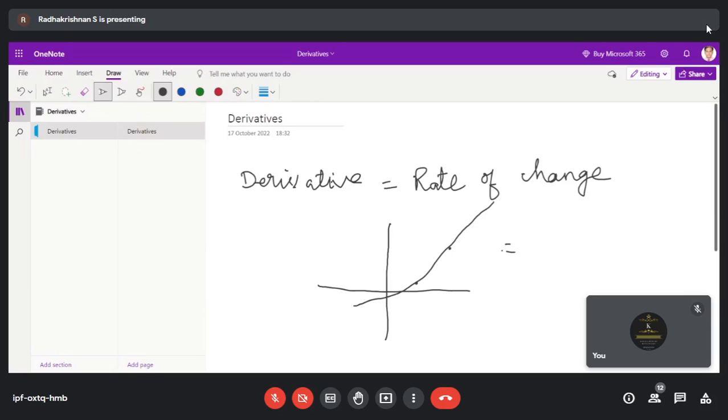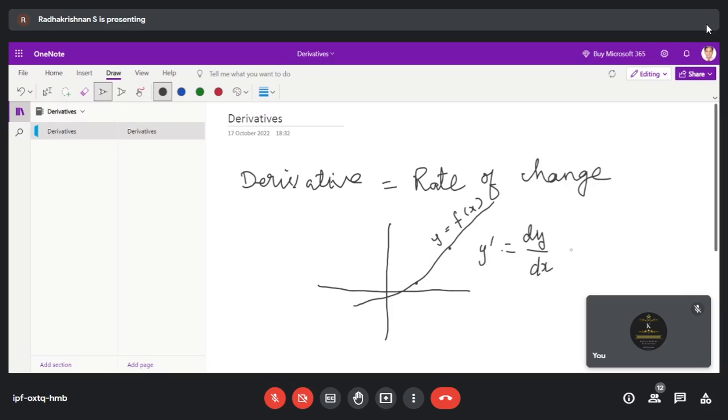Suppose y equal to f of x. Okay, so rate of change or derivative, we represent it as y prime, or dy/dx. This is a symbol that we use for derivative.